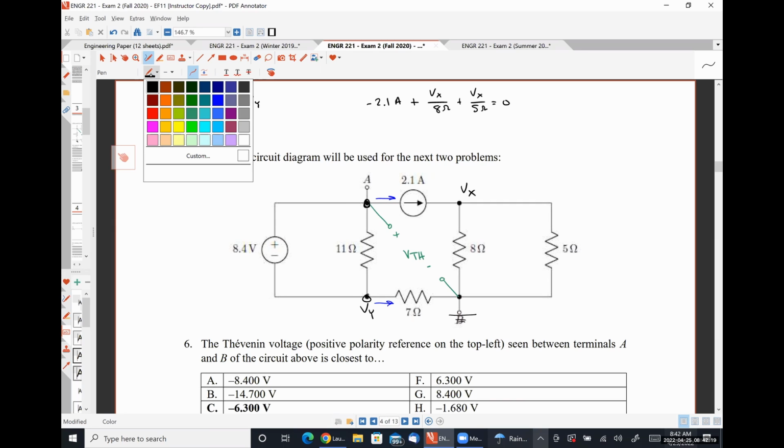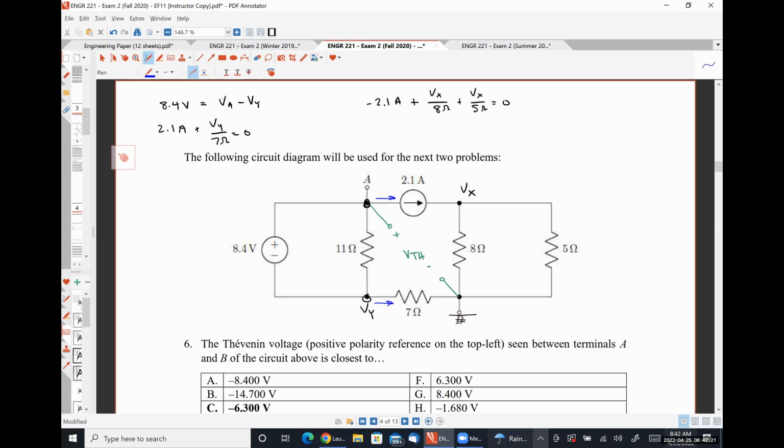Yes, so if I'm applying KCL at a supernode, I have to find all of the currents leaving both terminals of that supernode, okay?